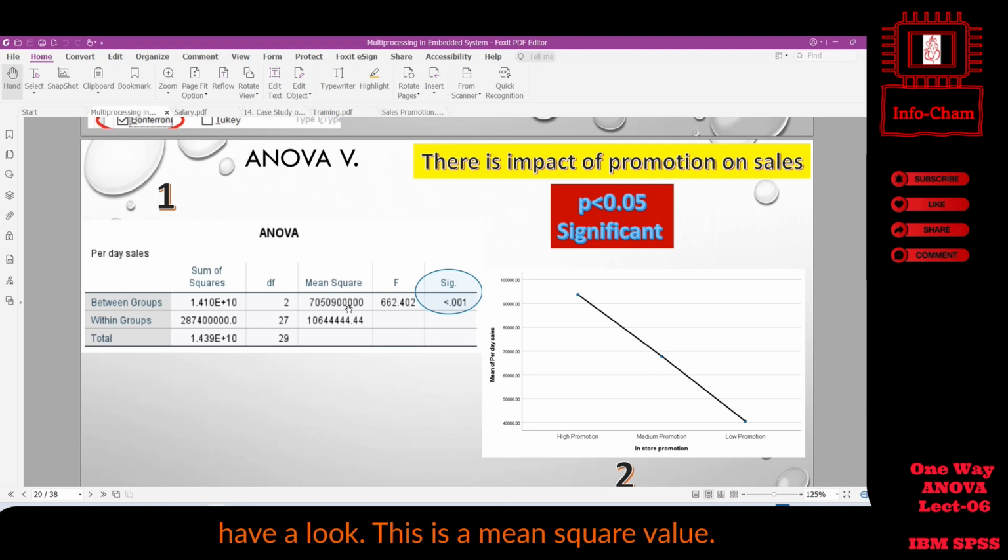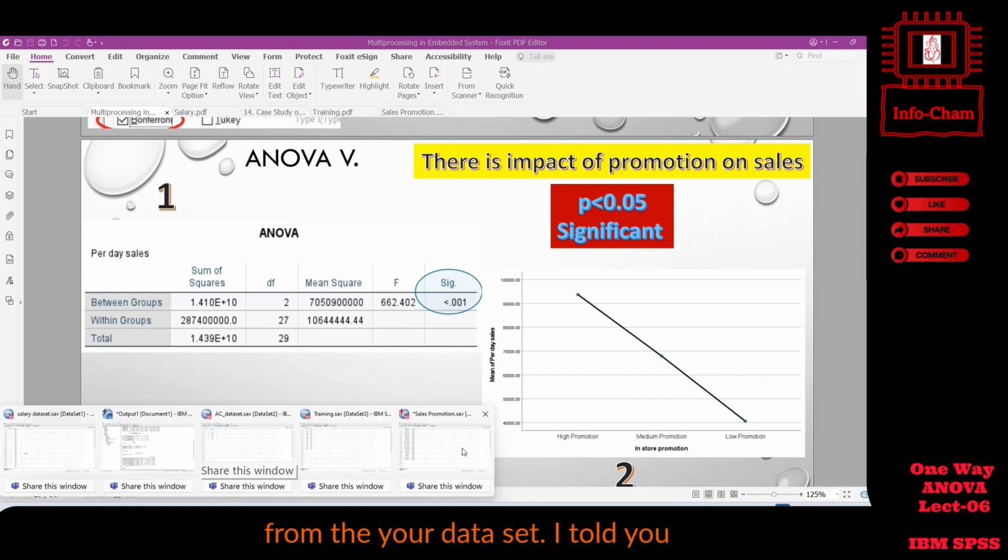So here, please have a look. This is the mean square value. This is only the square of the mean value. Okay, and focus on the significant p value. It is less than 0.05. If it is less than that, it means there is some impact, there is some difference. So the impact of the promotion on the sales, you can also see from your data set.